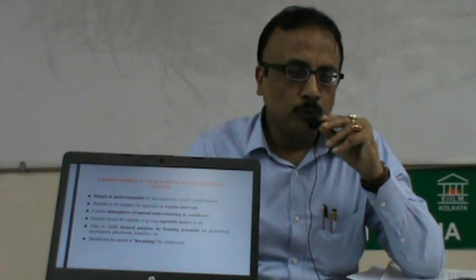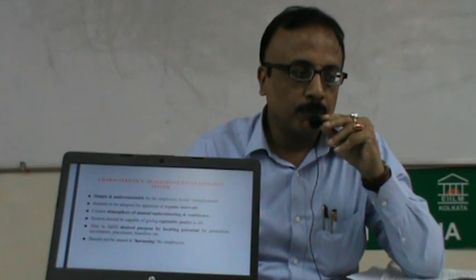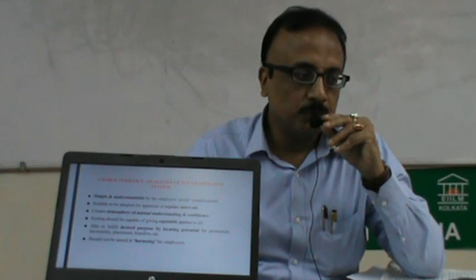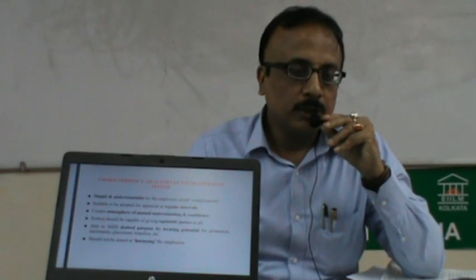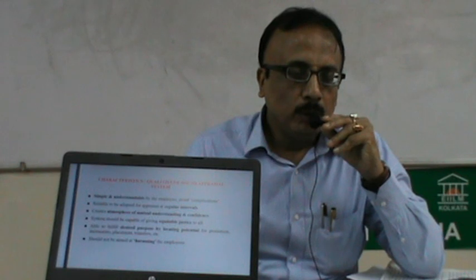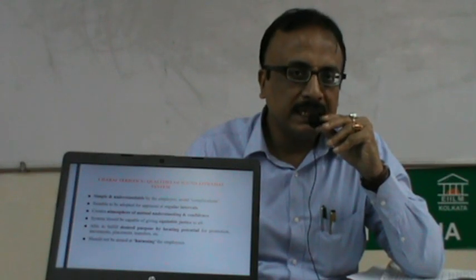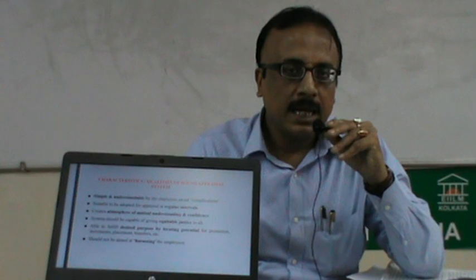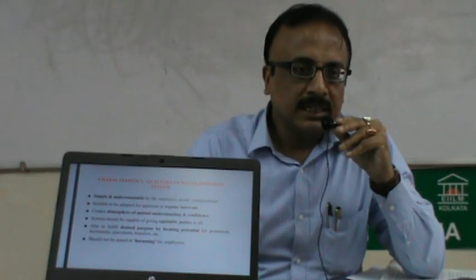Next one, able to fulfill the desired purpose by locating potential for promotion, increment, placement, transfers, etc. That means when we are undertaking performance appraisal, we need to identify the different areas, the strength areas and the weakness areas, and according to the strength area, we need to reward that employee.